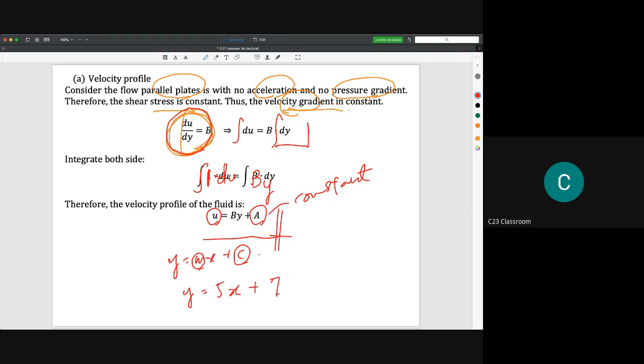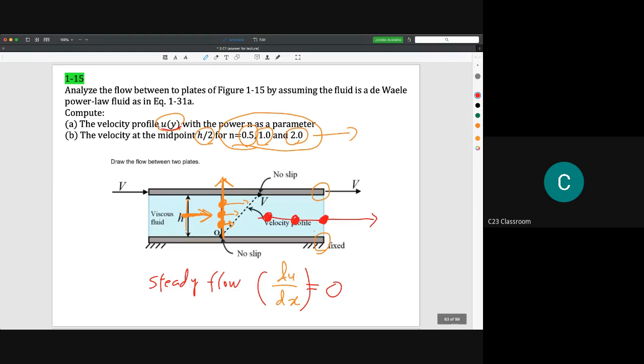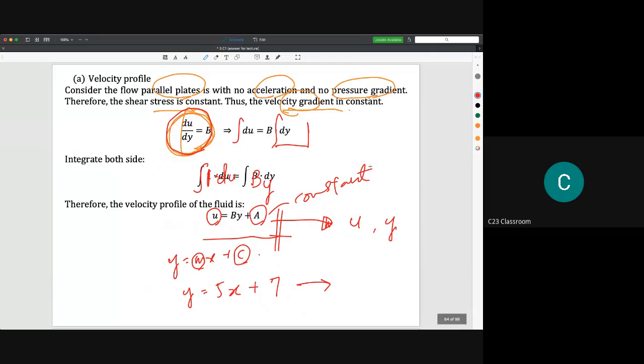We need to make sure our equation is in this form. In this situation, the equation must only have the terms of u and y. That's why the question asks us to find uy, meaning the velocity u in terms of the y coordinate. Any question?